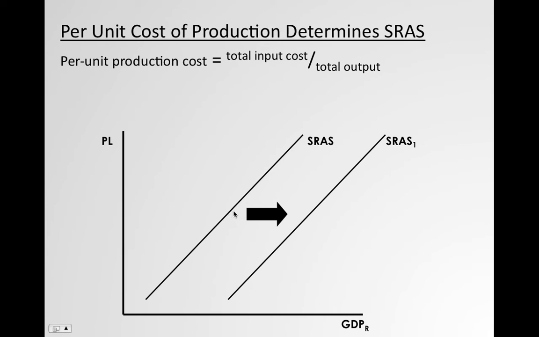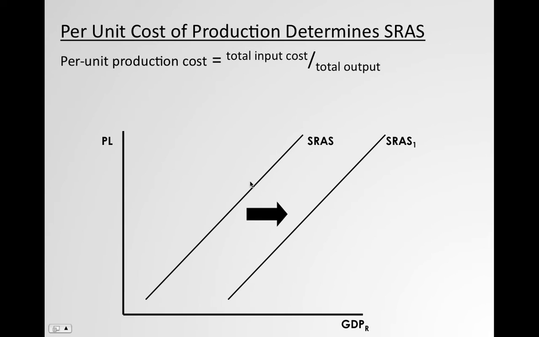So at that price, the business can now make this amount of output. If they were paying the same amount of money, but the price of wages or oil dropped, now they can make more at that same price. So at that price would be here, but you can see that the output is clearly higher.